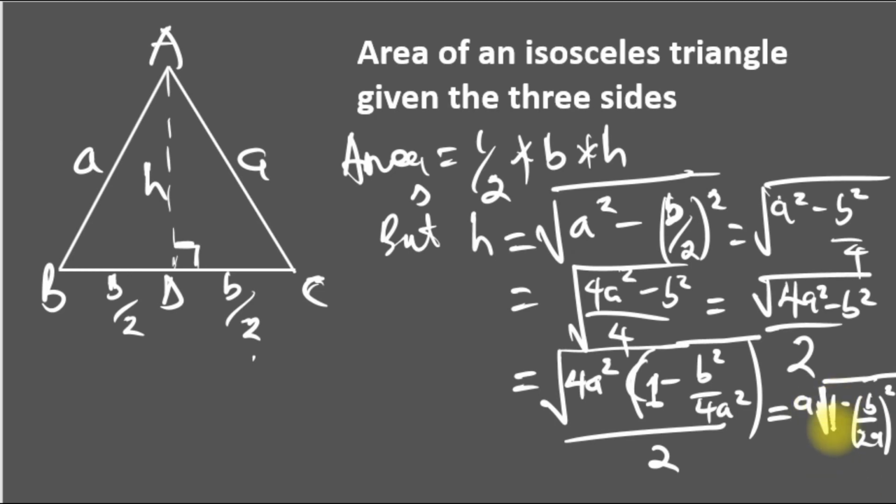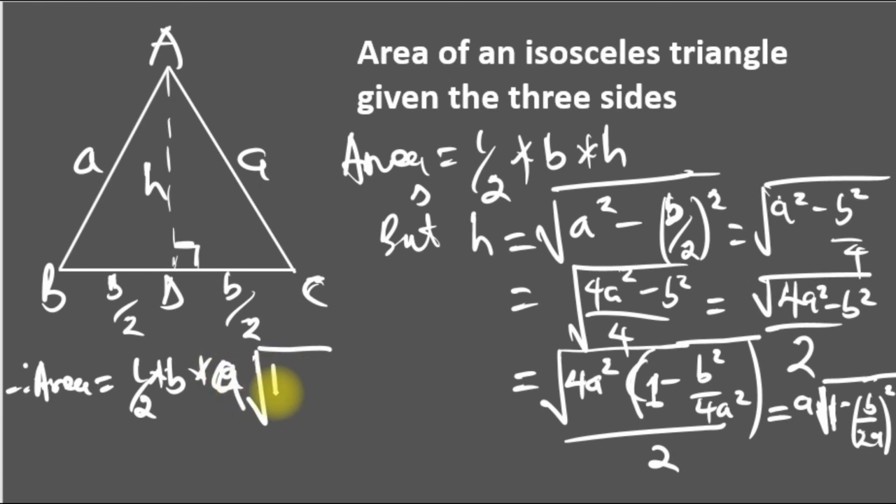So we can replace the height with this now. Therefore, our area is now half B times our height, which is A, all in square roots. Remember, this A times 1 minus (B over 2A) all squared.